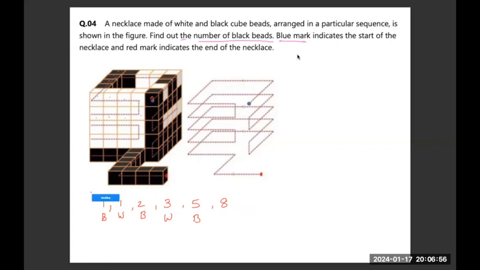Because if you follow just this much part, this is actually going in some kind of a Fibonacci series, what we call 1 plus 1, 2, 1 plus 2, 3, 2 plus 3 is 5, 3 plus 5 comes 8. So I'm just going to keep on writing what will come next in the Fibonacci series. And the 8th one is, sorry, black.